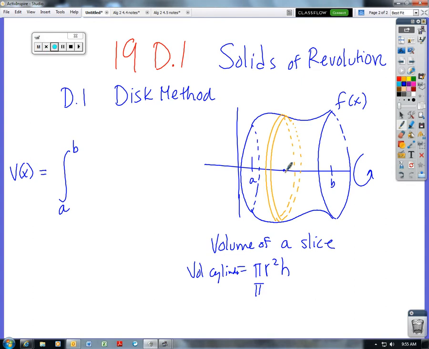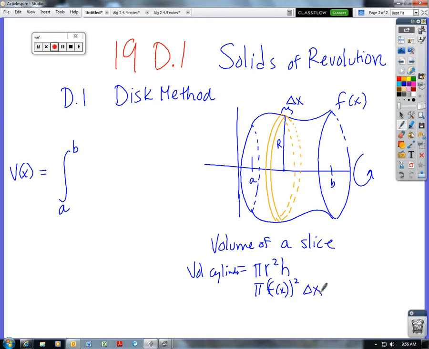If you think about it, from the center to here would be the radius. I'm going to use big R. And that radius is also none other than the function. So R in this case is actually f, so we're going to be squaring f. And then the height of our cylinder is the thickness, which is the change in x, or delta x.